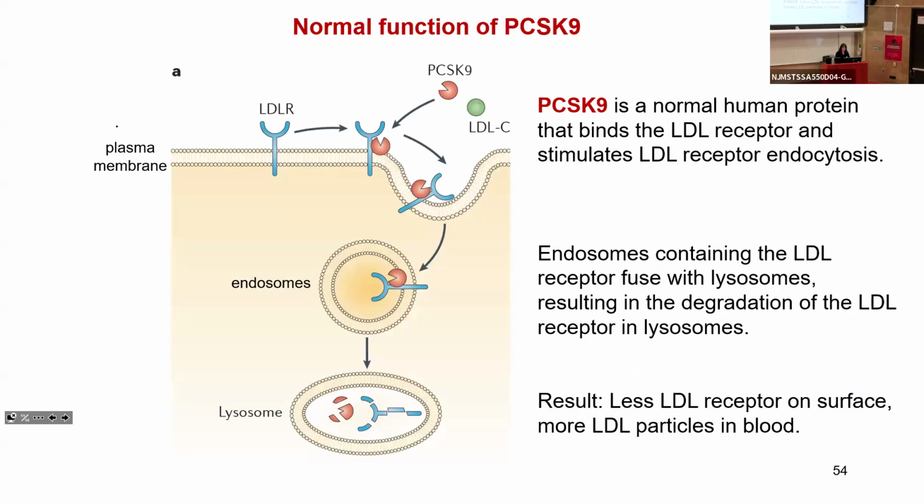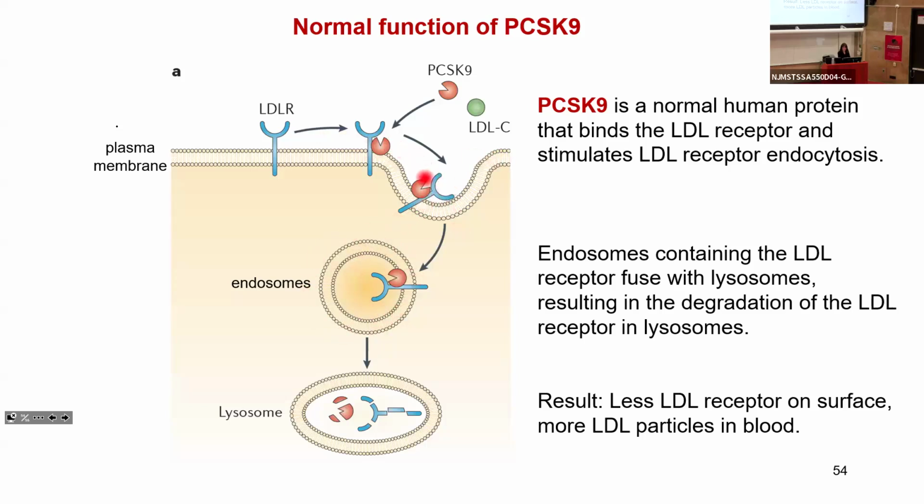And what it does, I don't know if you can tolerate more information like this, but the PCSK9 is a particular protein, and in its normal function, what it does is bind to the LDL receptor, not where LDL binds, but to some other portion of the receptor. And what it does is to now stimulate its endocytosis.